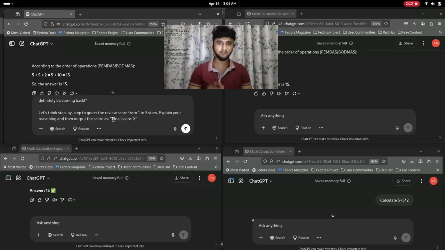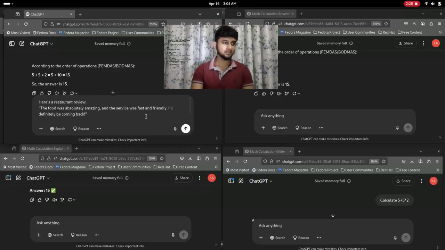That means one-shot prompting. So it gives chain of thought and one-shot prompting. It has one example.